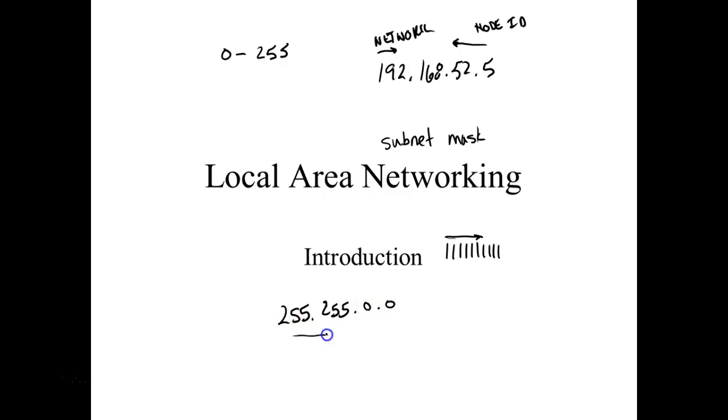It means I could have 16,576 subnets, and each subnet could have 65,536 computers on it. But all the computers on my subnet would have the same subnet ID, right? So what our router does is it would come in on these last bits right here, and all it does is look at these bits right here.